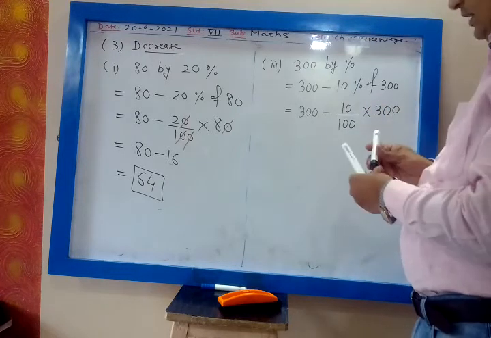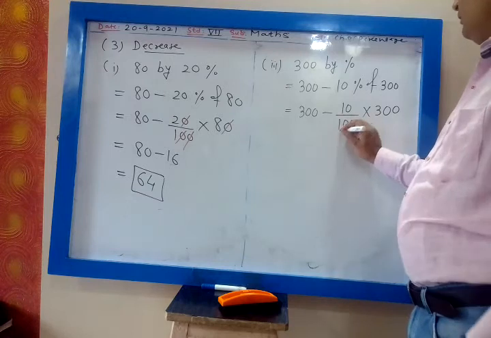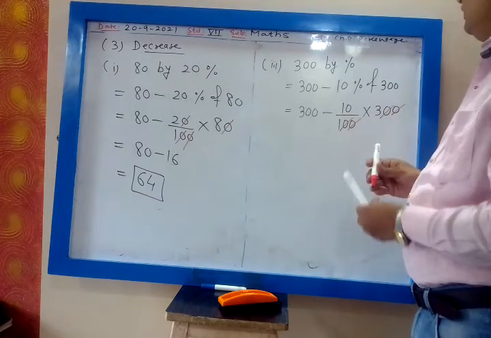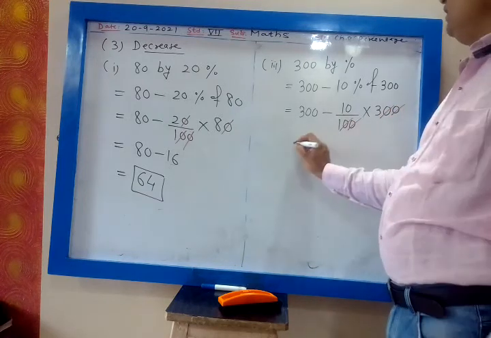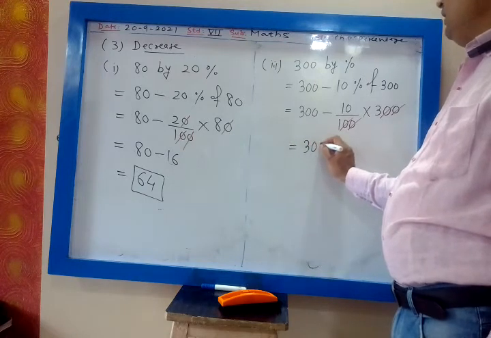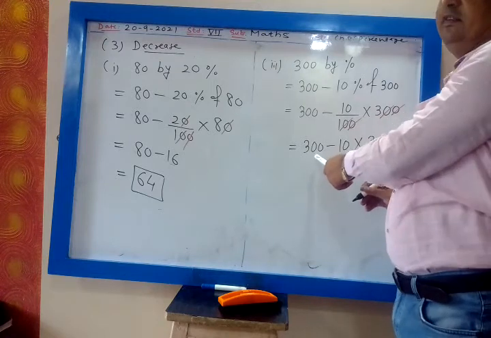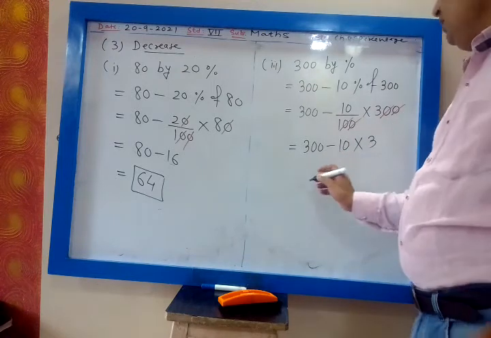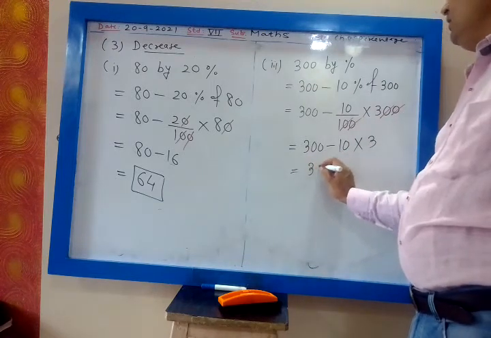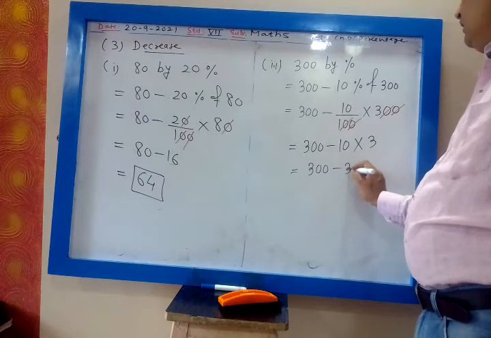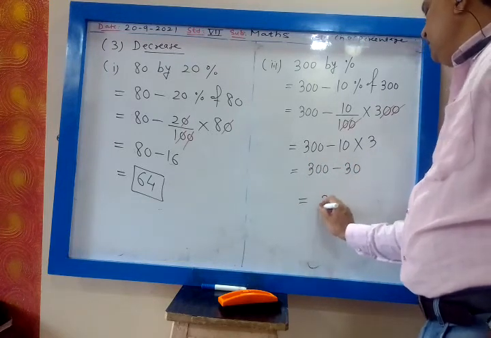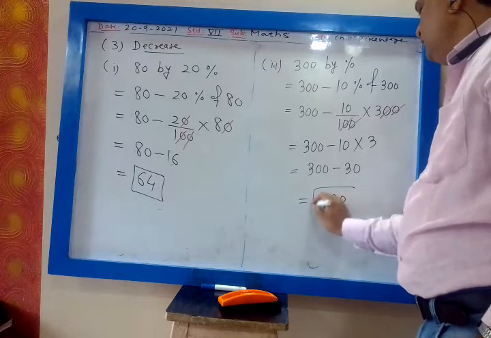Now 2 zeros get cancelled. So 300 minus 10 into 3. And see here, you cannot subtract first because of BODMAS. So first multiplication. So 300 minus 30. The answer is 270.